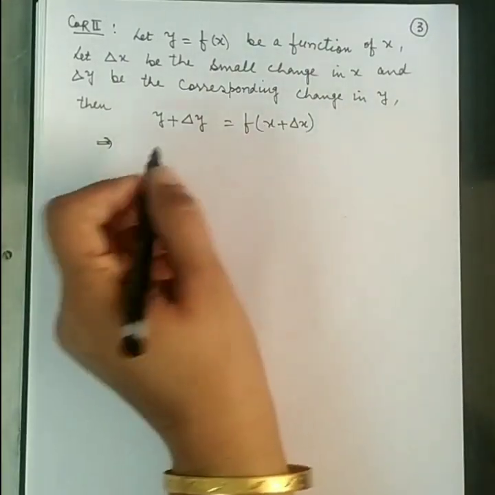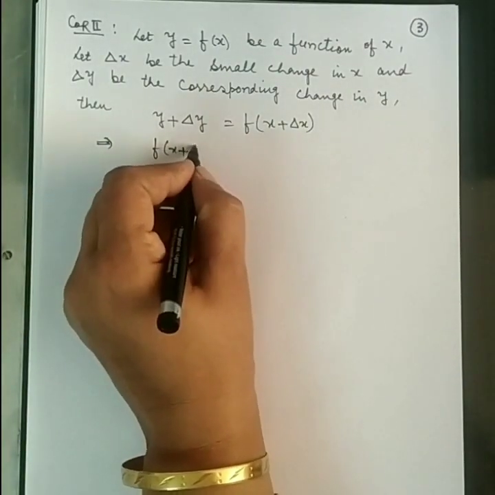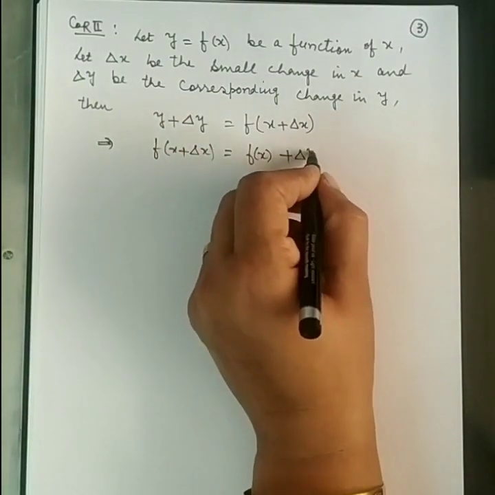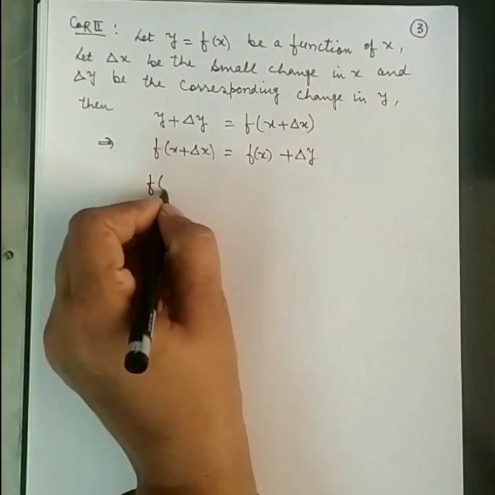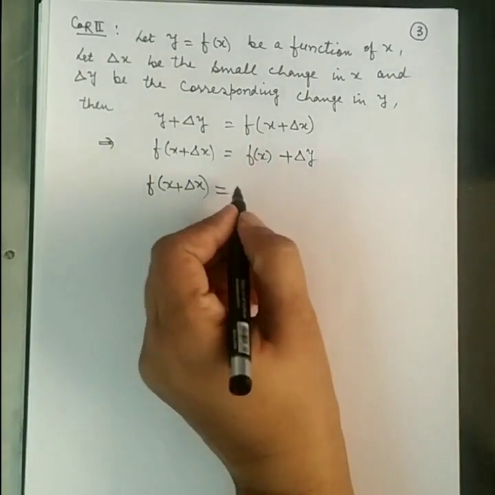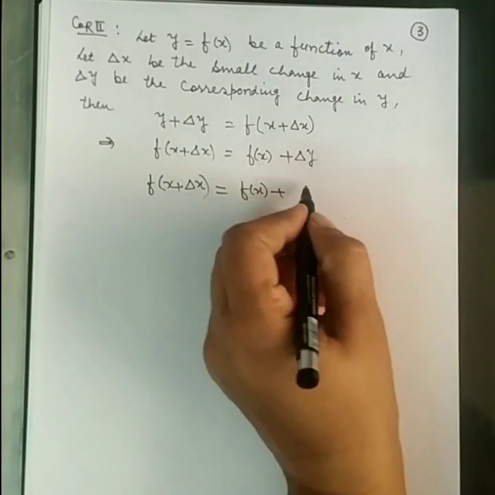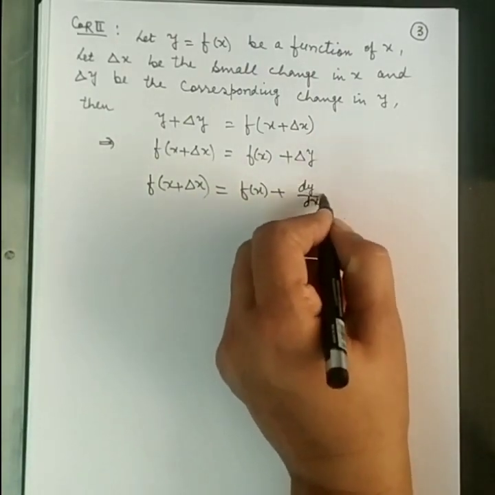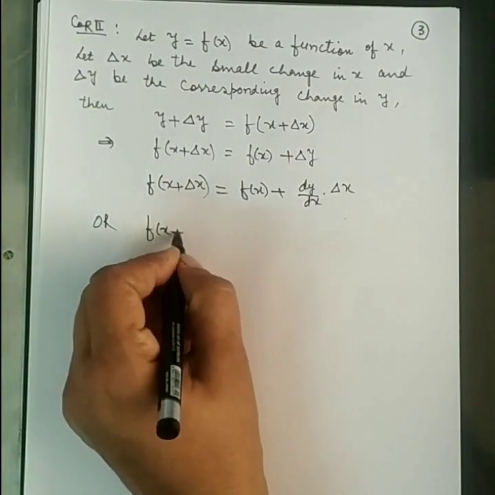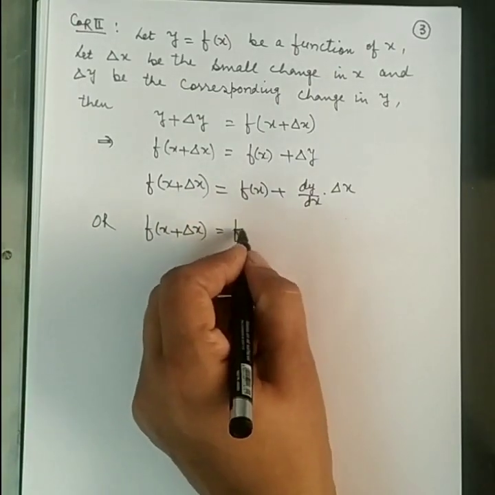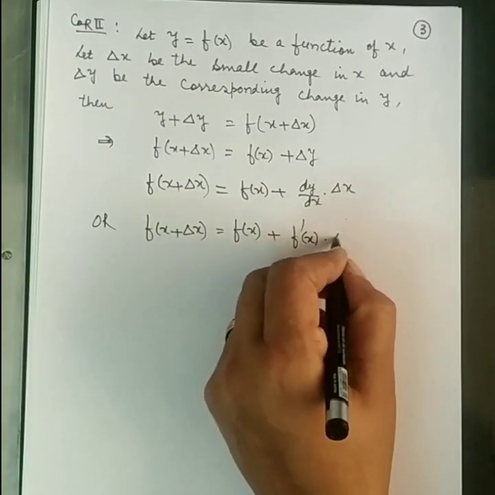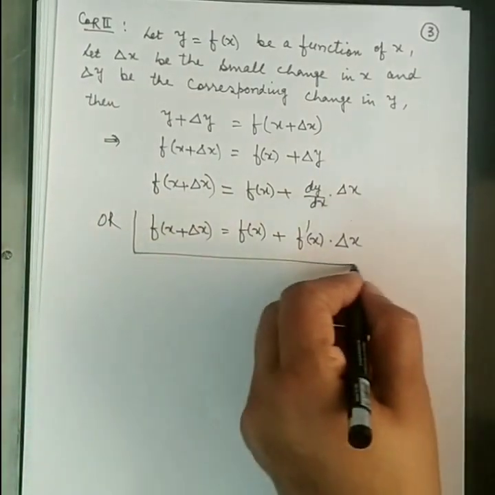That means, y is f(x), so f of x plus delta x will be, putting the value of delta y, f(x) plus dy by dx into delta x, or f of x plus delta x is equal to f of x plus f dash x into delta x. This is your result.